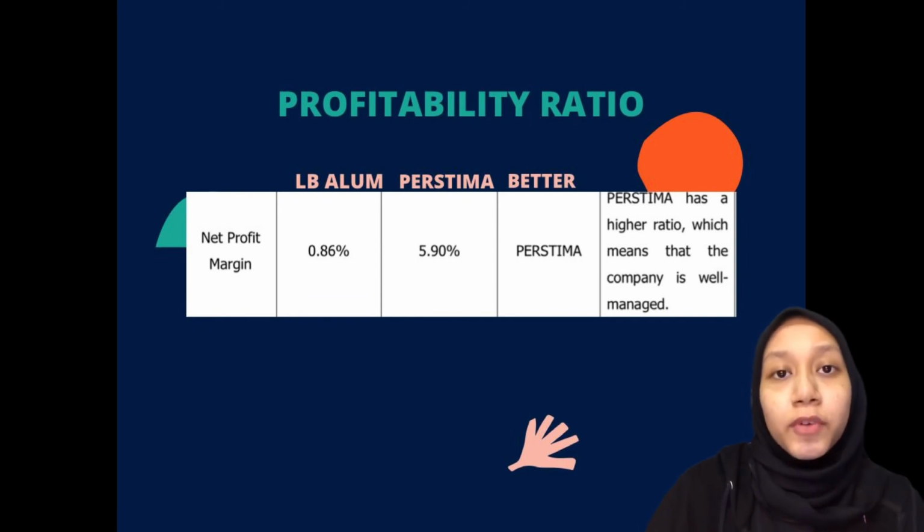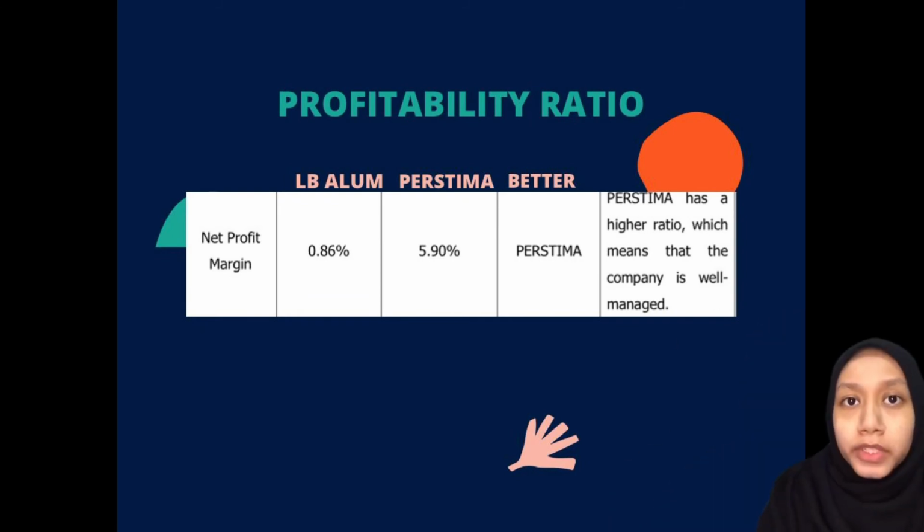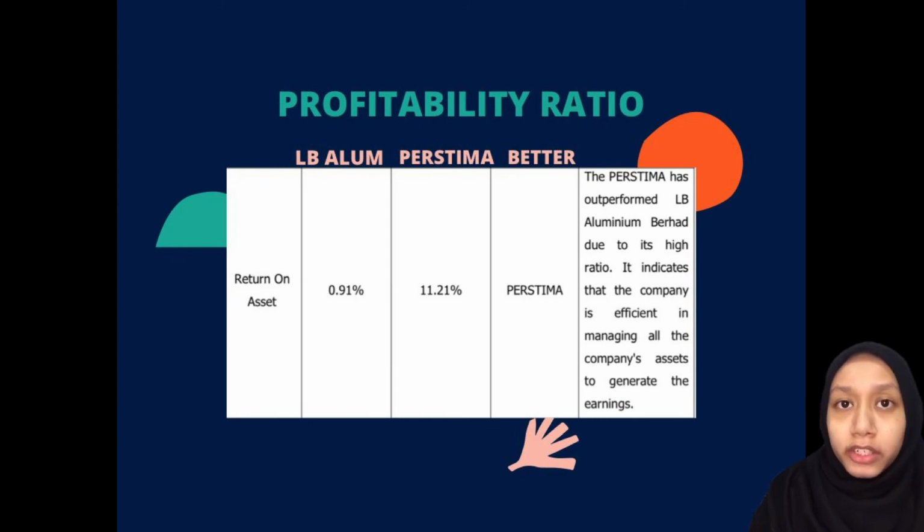Next is the profitability ratio. First of all is net profit margin. LB Aluminium Berhad gets 0.86%, while Perstima gets 5.90%. It means Perstima has a higher ratio, so it means that the company is well managed. Next is return on assets.